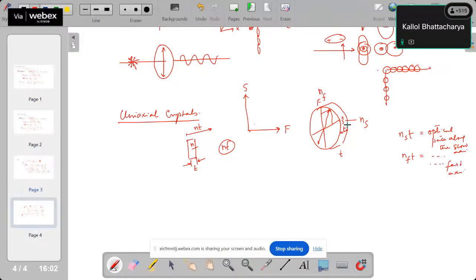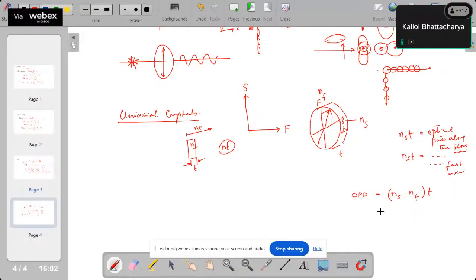When it comes out of the crystal, they have an optical path difference. What is the optical path difference? It is of course (ns minus nf) into t, because ns must be greater than nf. If the velocity of light is slow, then the refractive index must be greater.